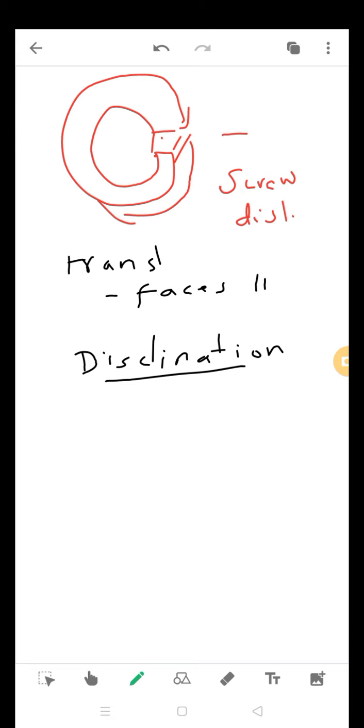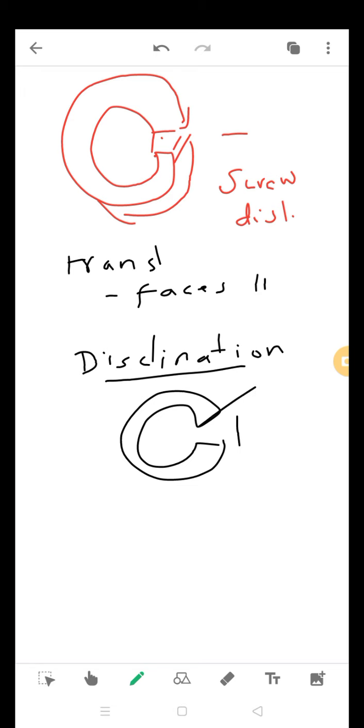Okay. So there are basically three types of disclination. For example, one can be like this. You can see that apart from this b, there is also an angular component associated with this.